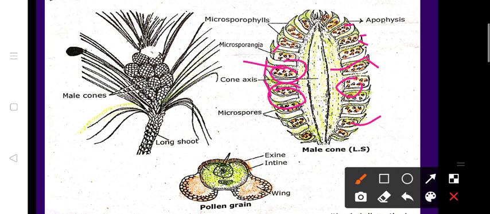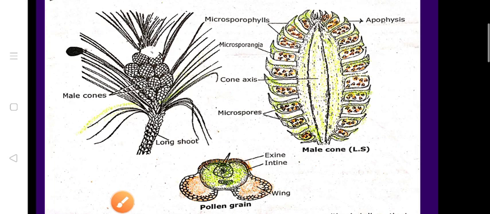Each microsporangium consists of a 2 to 3 cell thick wall, with the outer layer acting as epidermis and the innermost layer acting as tapetum. Inside the microsporangium, numerous microspores or pollen grains are present. At maturity, the microsporangia split longitudinally and release the microspores.